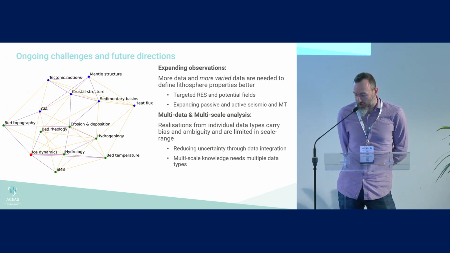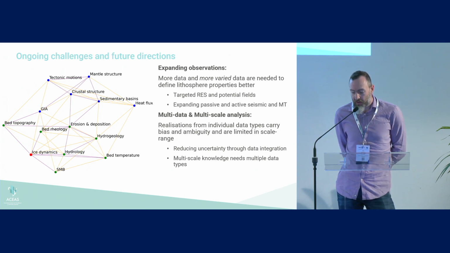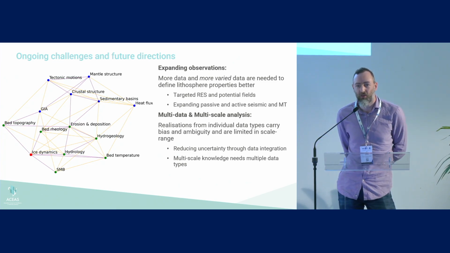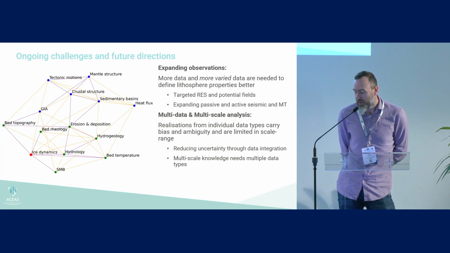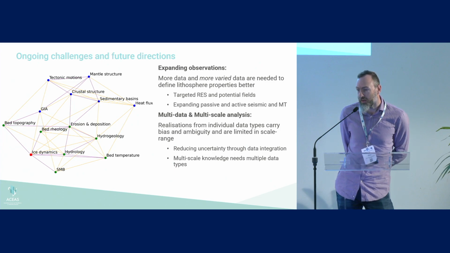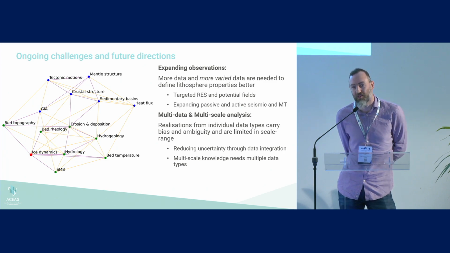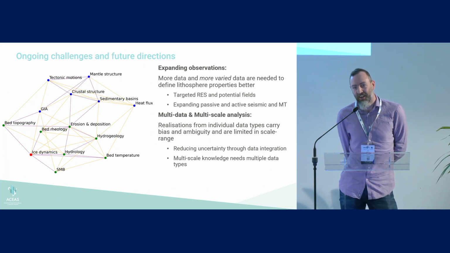I think we need to work pretty hard on multi-data and multi-scale analysis, so not single data, single scale analyses. We actually need to start using all these data sets together in a data integration framework. All our data is sensing at different scales, so inherently multi-data is multi-scale, and multi-scale should be multi-data as well.